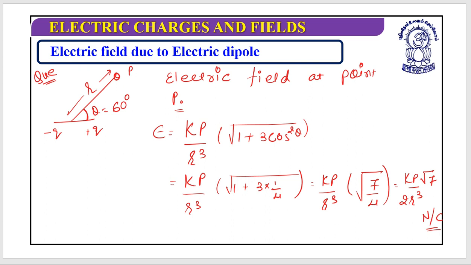Yes, I hope these things are clear. I request you to do as many questions as possible, because these are the basics. When we move to unit number 5 of class 12, magnetism and matter, whatever we are discussing here in terms of electric charge, at that point of time we are going to discuss in terms of magnetic charges.